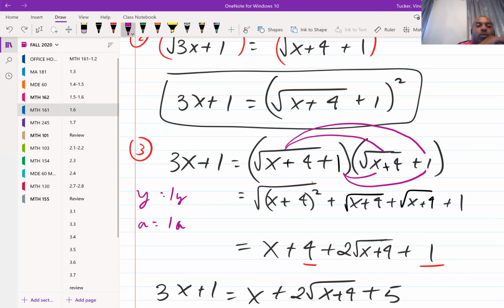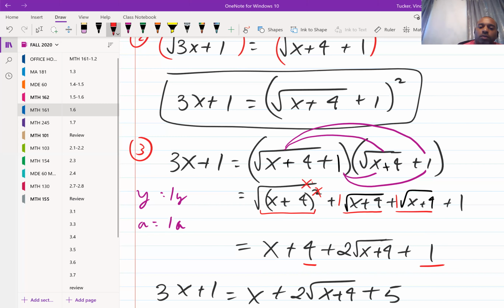All right. So this square and this square root are going to cancel. I can actually combine these like terms. When you don't see anything in front, assume there's a 1 in front. And then that 1 is just in the back; there's nothing I can do with that as of yet.